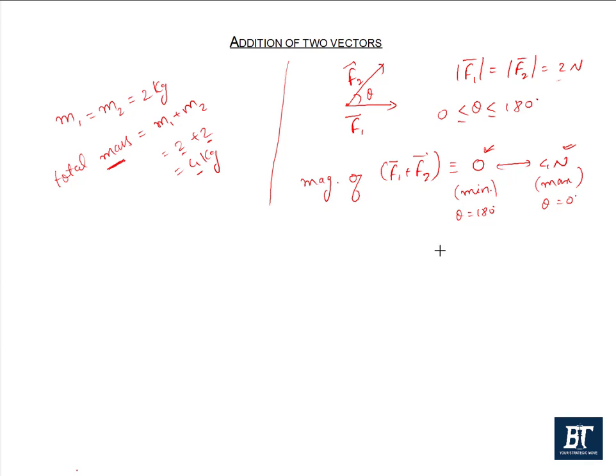So in this case, the magnitude of resultant will be greater than or equal to subtraction of magnitudes of these two vectors, and will be less than or equal to addition of magnitudes of these two vectors. So magnitude of resultant will be greater than 0 and less than 4 Newton in this case.